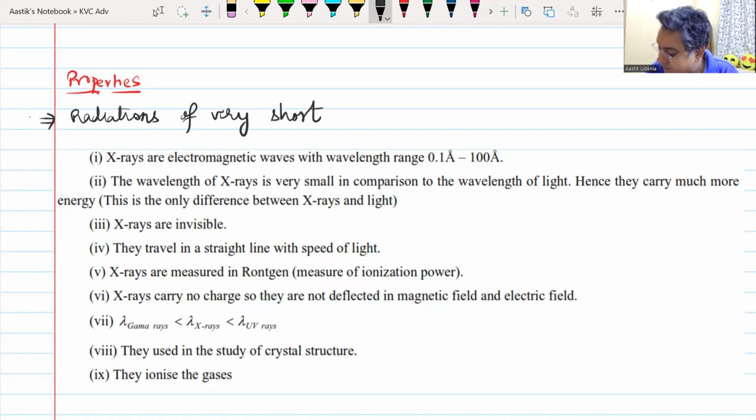Wavelength. Very short wavelength and high, high what? Frequency. When the frequency is high, what about the energy? It is high, sir. High frequency and high energy.